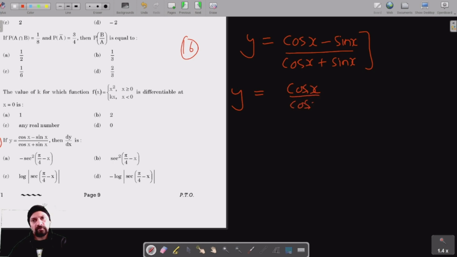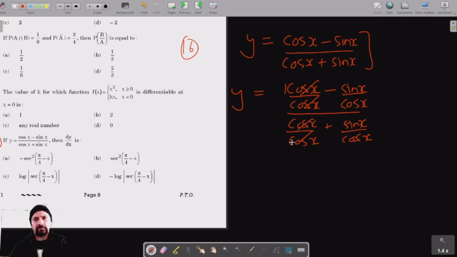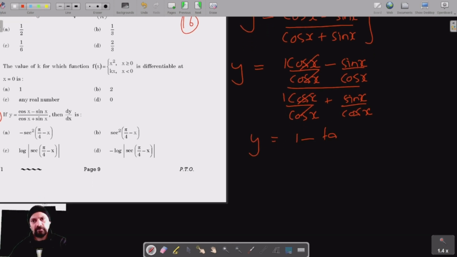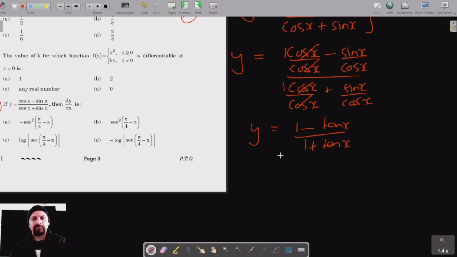So this is cos x by cos x minus sine x by cos x, and cos x by cos x plus sine x by cos x. So this gets cancelled, it's 1. Now this is equal to 1 minus tan x upon 1 plus tan x, since sine by cos is tan x.